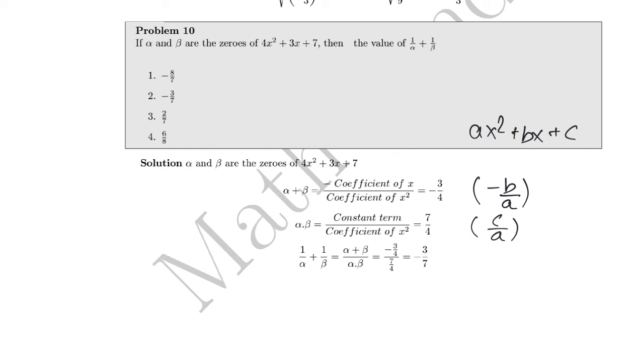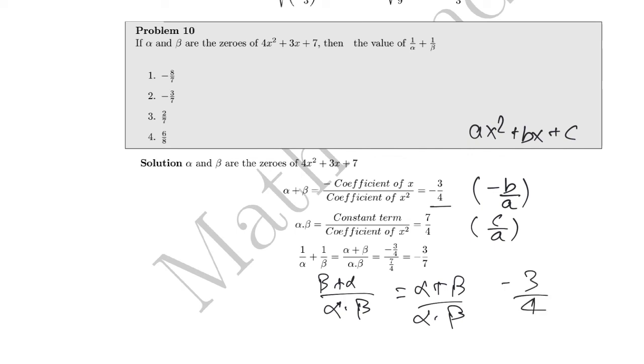If we take LCM here, we get alpha into beta in the denominator, and beta plus alpha in the numerator, that is alpha plus beta upon alpha into beta. After putting the values, we'll get minus 3 by 7. That is the answer, that is option number 2.